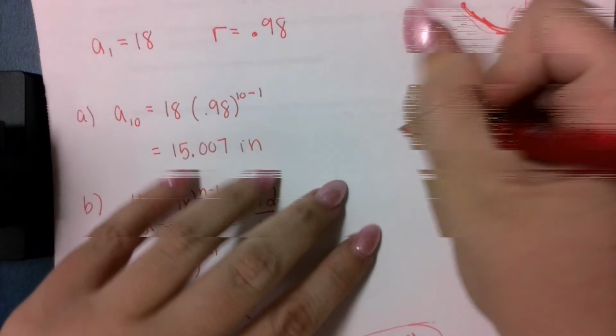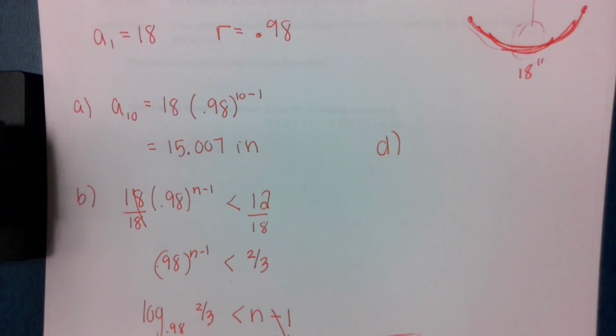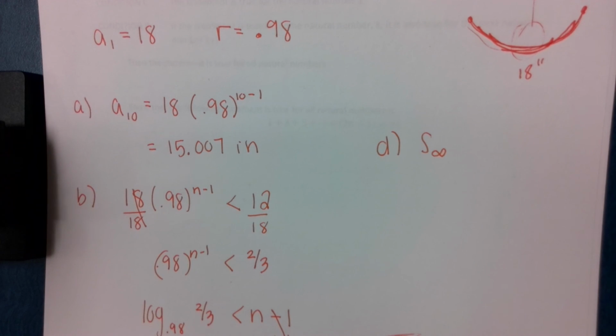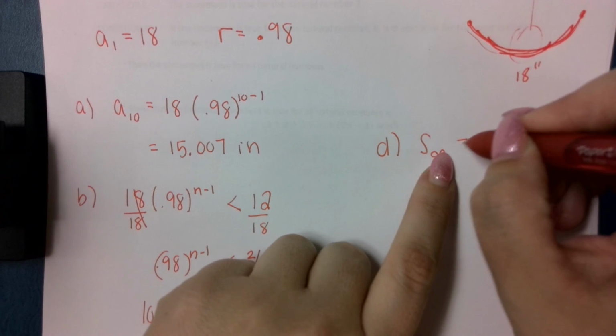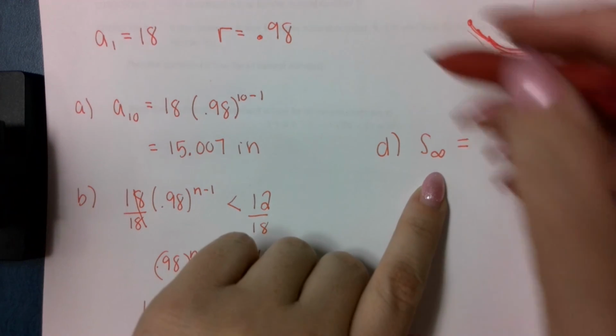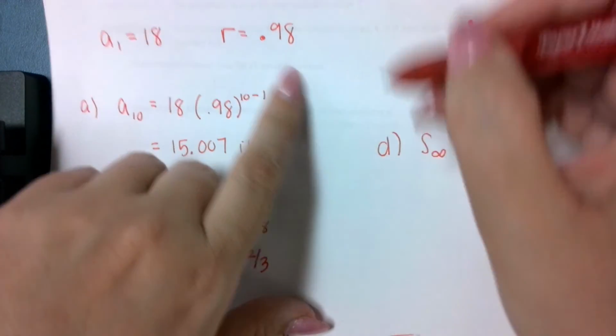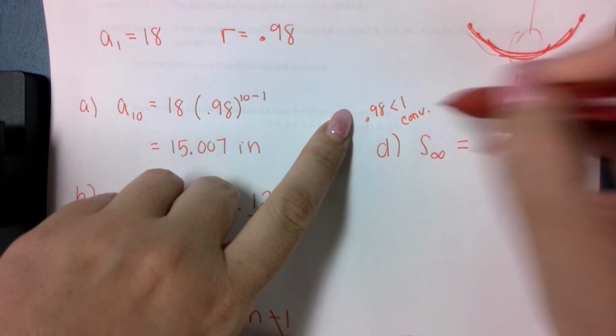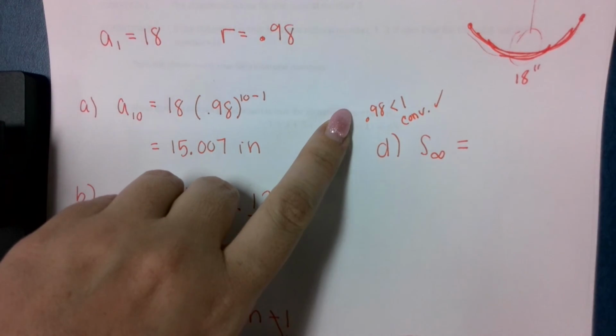Okay, lastly, question D here wants to know when it stops, what is the total distance it has swung? So that means that I want to know the sum going to infinity, because I don't know when it's going to stop, right? So we need to find the sum going to infinity, which means that it must converge. Let's double check. 0.98 is less than 1, which means it is going to converge, which means I am allowed to use this formula.